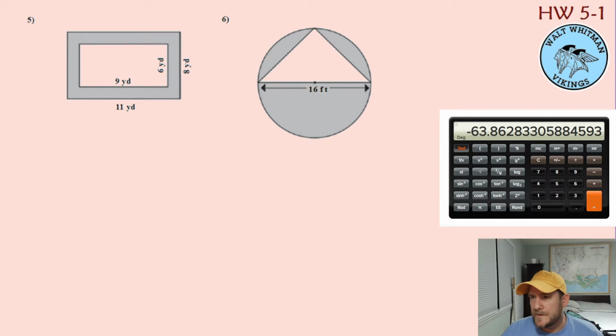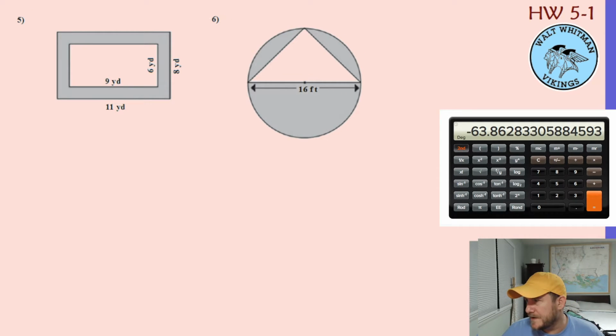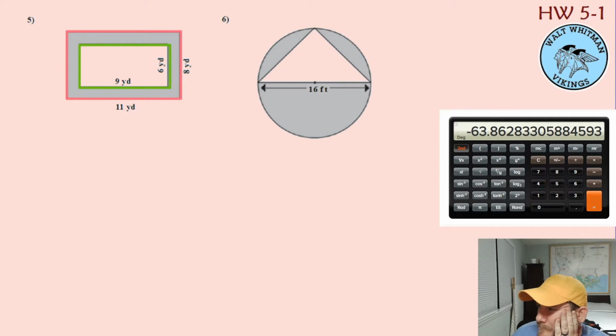Great. Looking at 5, again, I would say the only approach that even makes any kind of sense is to just do this big outer rectangle and then subtract away the slightly smaller inner rectangle. So I see this as another subtraction problem. I'll even skip the drawing this time and just say our area is going to be base times height minus the other base times height.